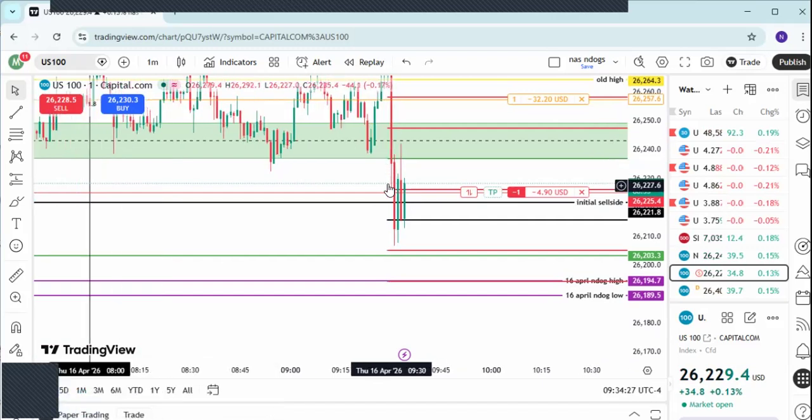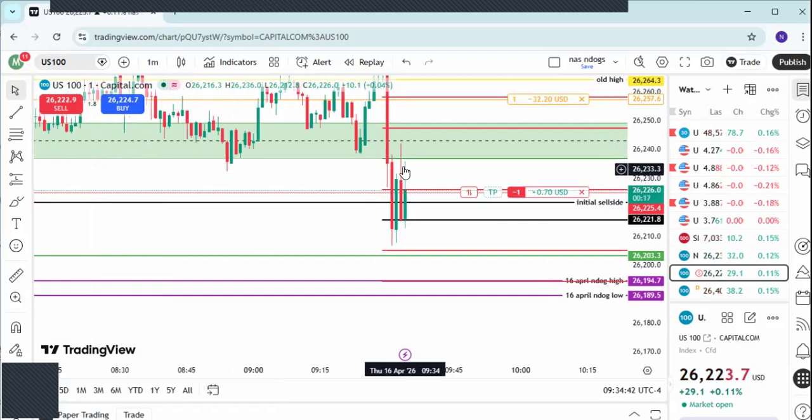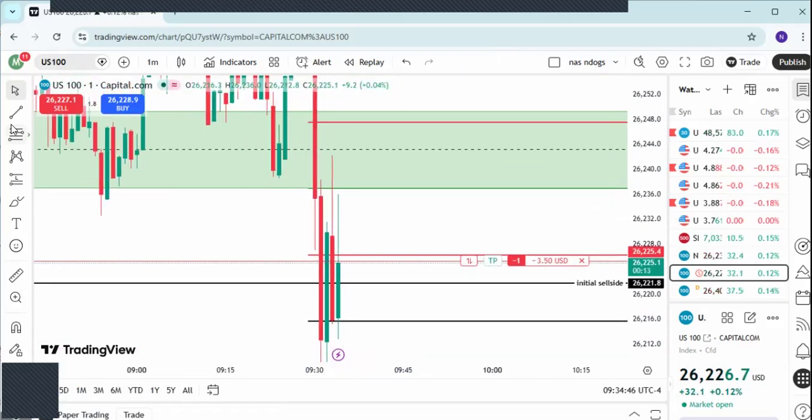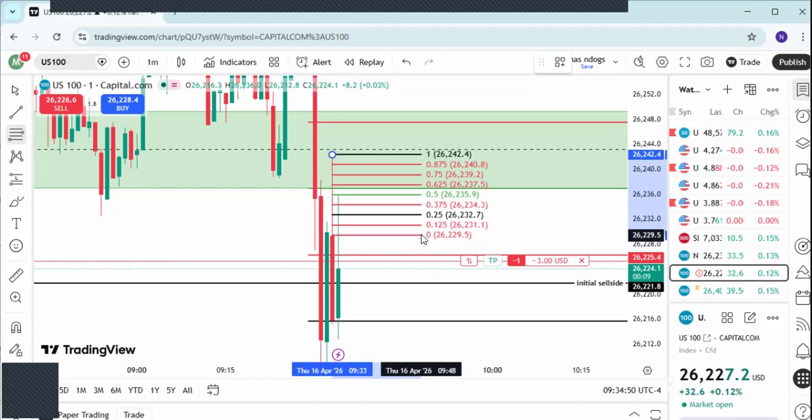So this wick here, we wicked out of the range, this range. Even now, we just wicked out of this wick's range, but all the candlesticks are within this range, so it's all good. If you zoom in here and you take your fib, you put it there, and there we go.